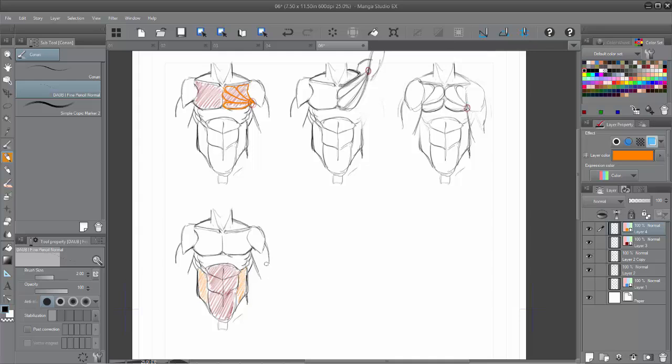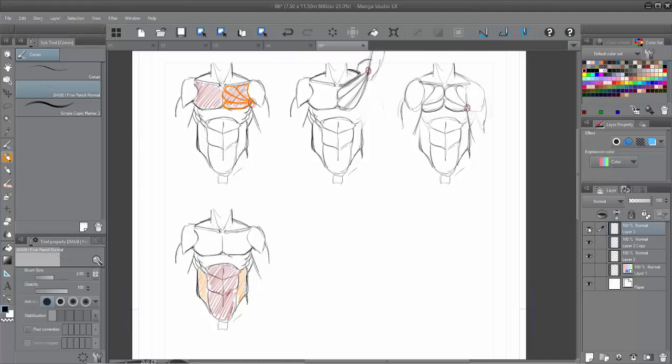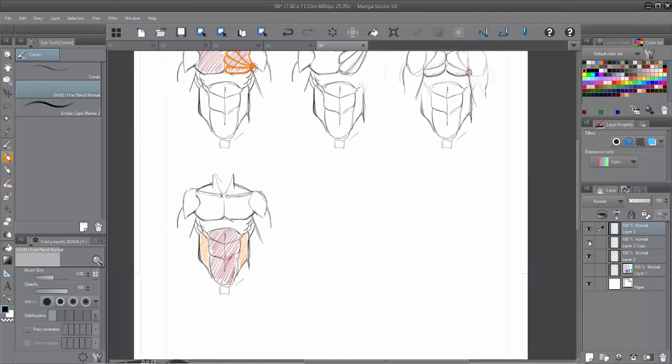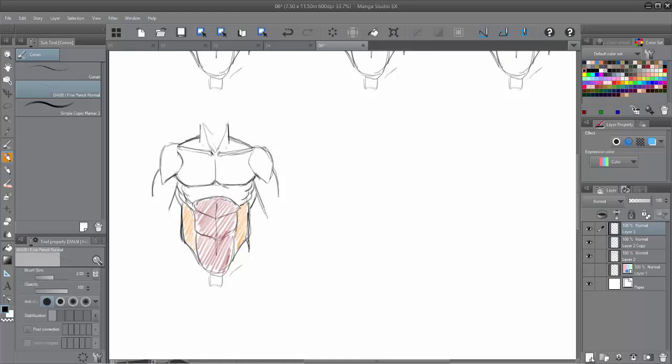When you think of abs, you think of a six-pack, but it's also got that oblique region included. So let's get drawing.